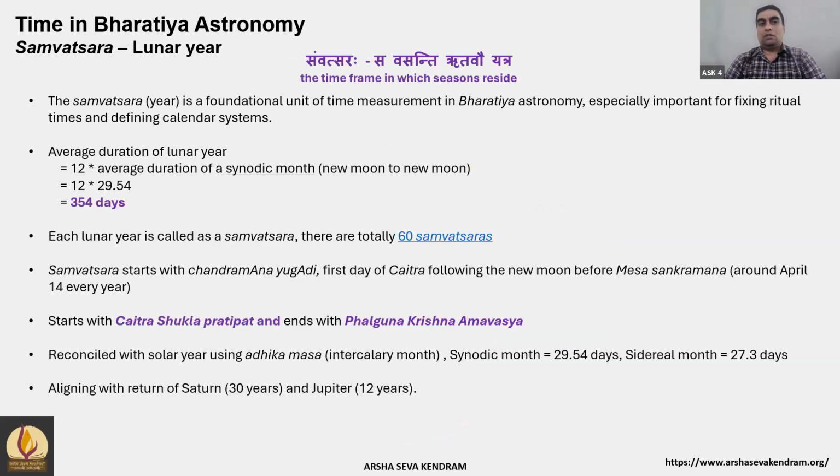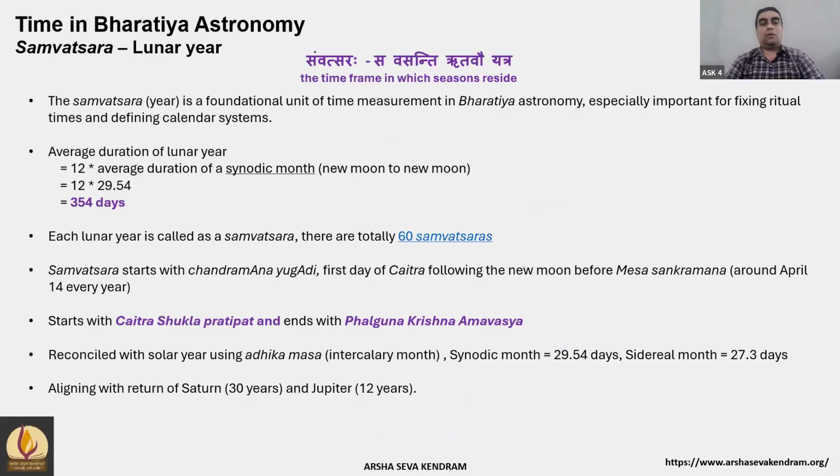And then we saw the Samvatsara, or the lunar year, the definition being the time frame in which the different seasons reside. We saw that there are 60 Samvatsaras starting from Prabhava, Vibhava, and currently we are in the Vishwavasu Nama Samvatsara.